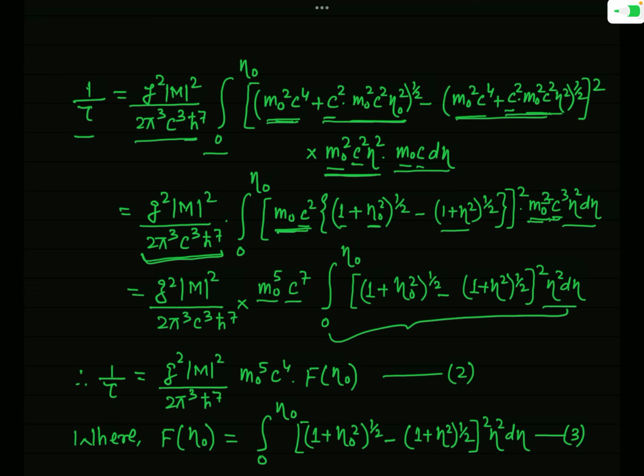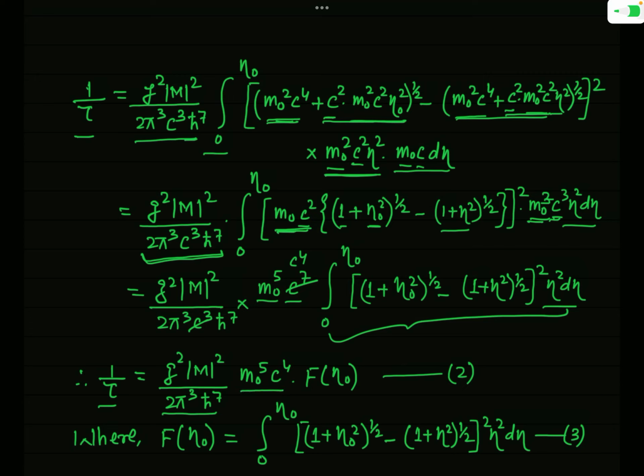Now you can see this c cube will cancel out, and here there will be c to the power 4. So our result is 1 over tau equal to g square mod of m square over 2 pi cube h bar to the power 7 m naught 5 c4.